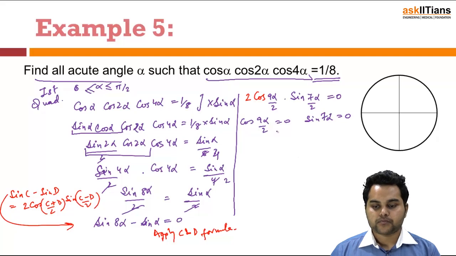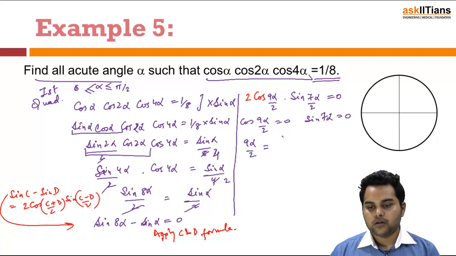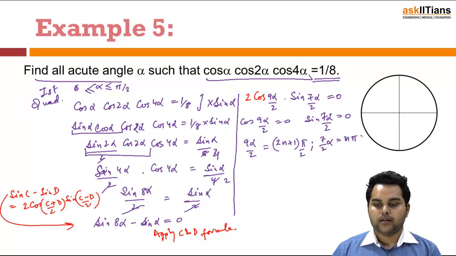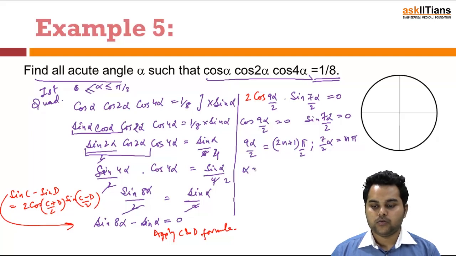That gives me either 9 alpha by 2 is equal to (2n plus 1) pi by 2 or 7 alpha by 2 is equal to n pi. That gives me alpha being either equal to (2n plus 1) pi by 9 or alpha is equal to 2 by 7 n pi.